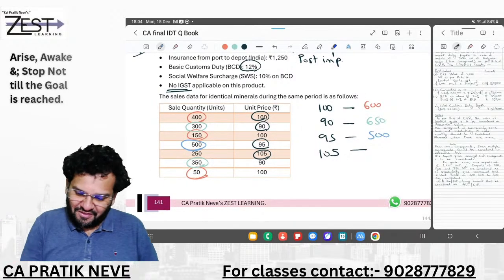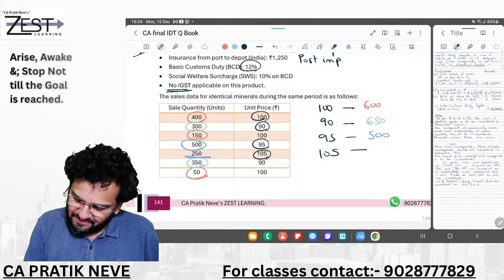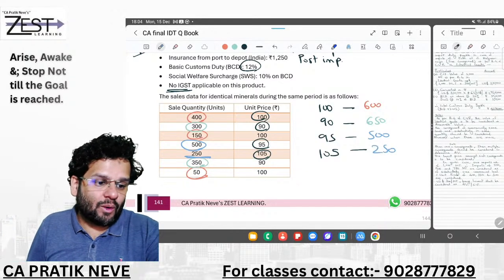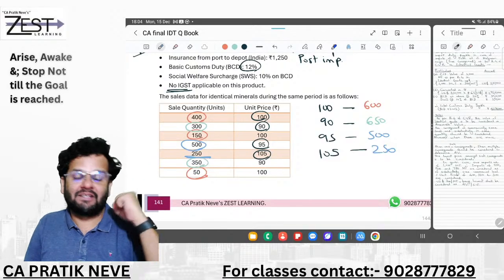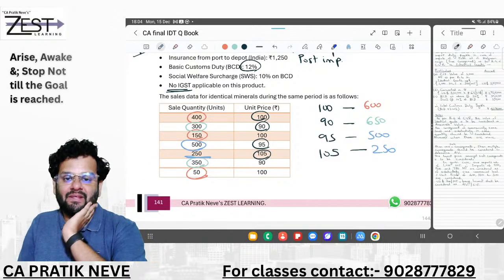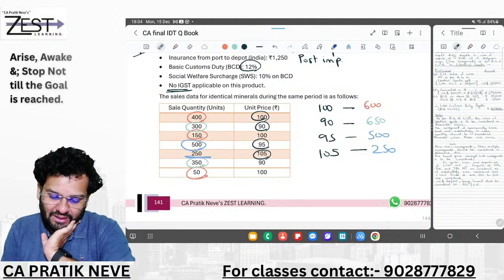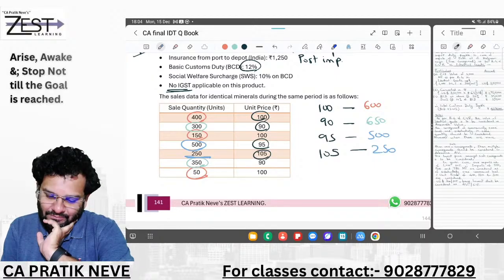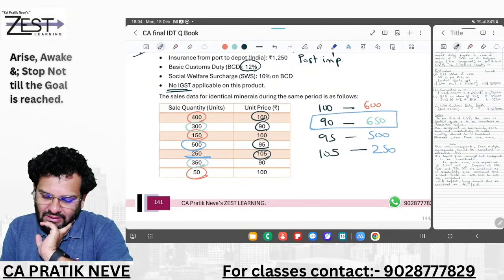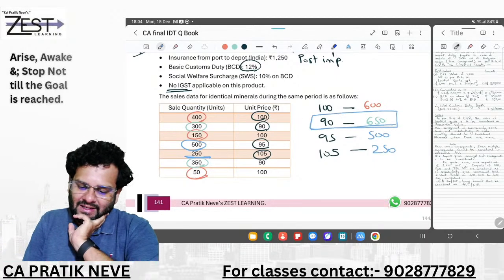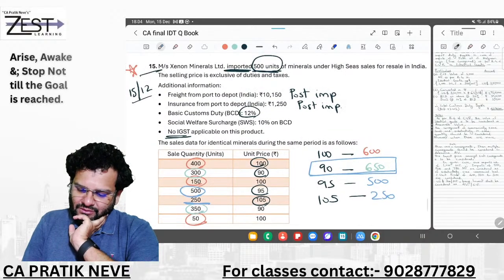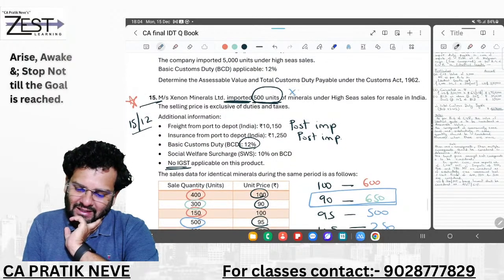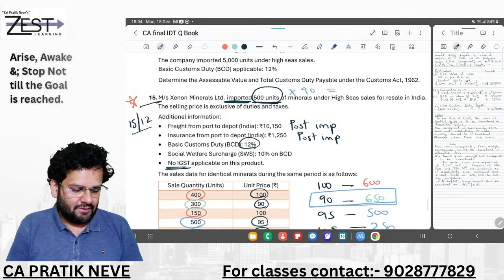There is 105, 250. So anyways, greatest aggregate quantity, this is called as greatest aggregate quantity. So greatest aggregate quantity is sold at 90. Can you see? 650 units are sold at 90. So 90 becomes the selling price. So 500 units are sold at 90. That is the assumption.